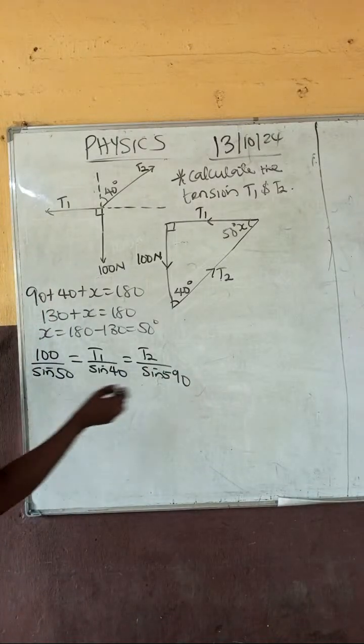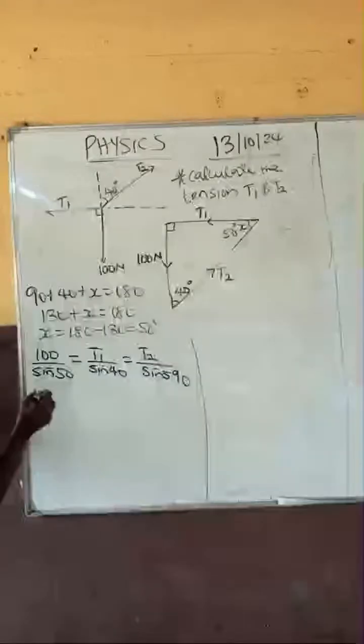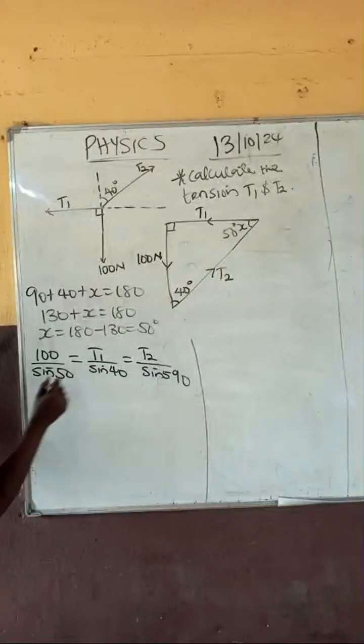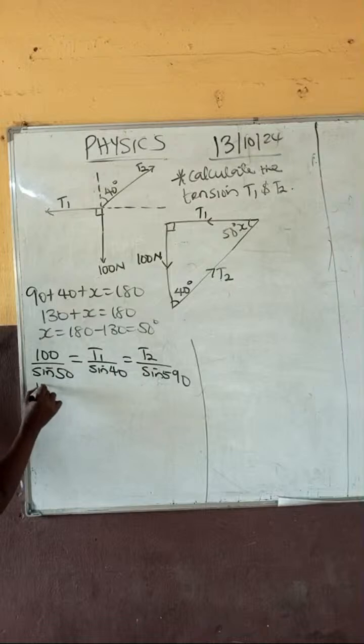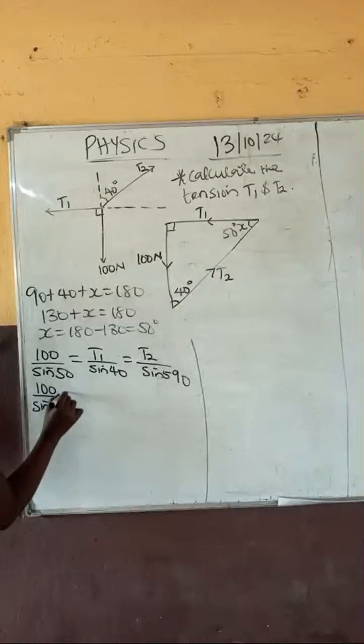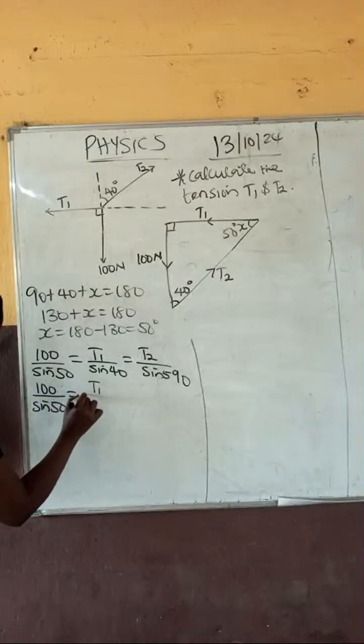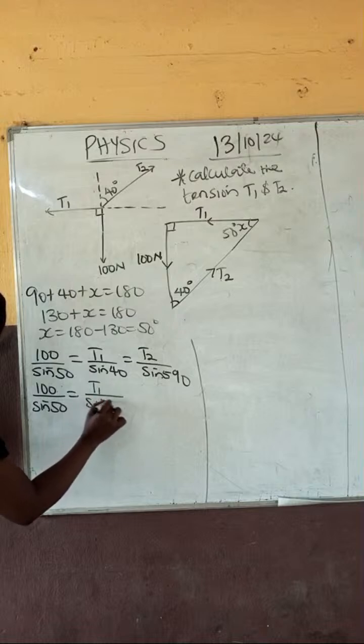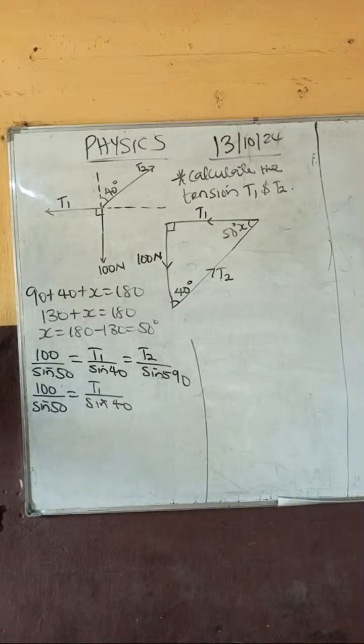So for us to get the unknown before we solve, we equate these two first to get T1. So this is 100 over sine 50 is equal to T1 over sine 40.